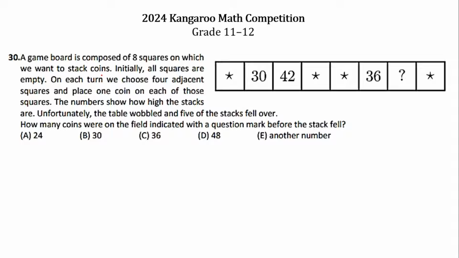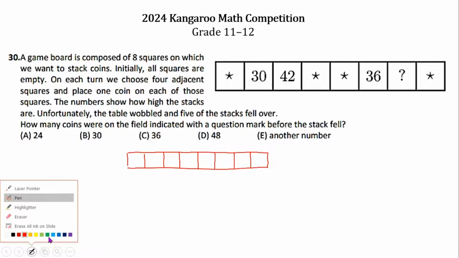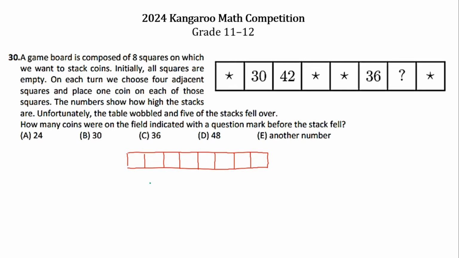Alright, so let's examine small cases first. Let's create a sequence of 8 adjacent squares, and see what happens if we try to do the game in a few rounds. Instead of drawing coins, I'll just represent the coins by sticks. Suppose in the first move we choose the first 4 squares, so we put 4 coins.